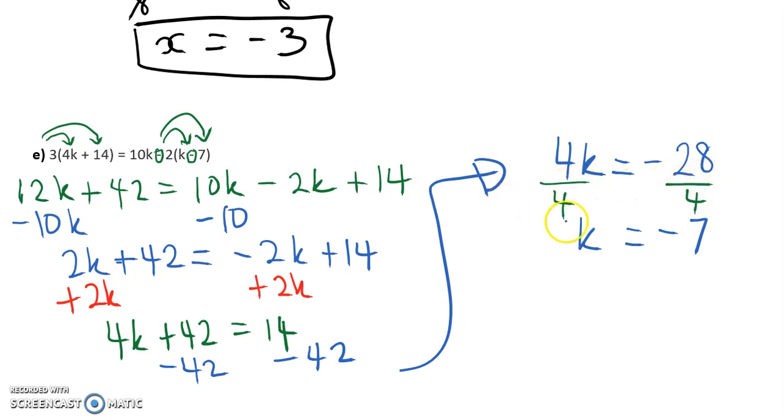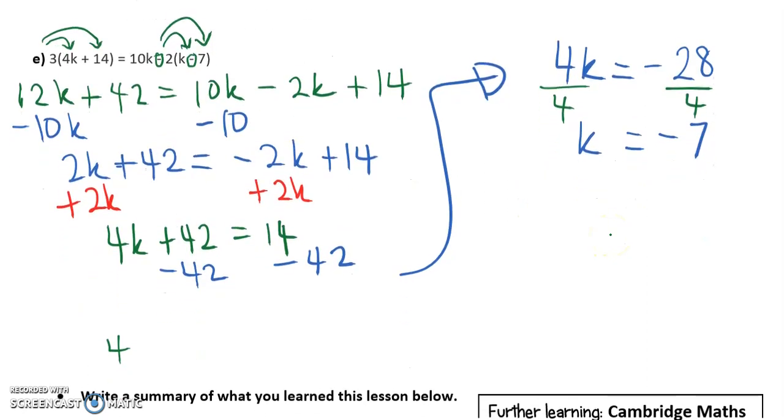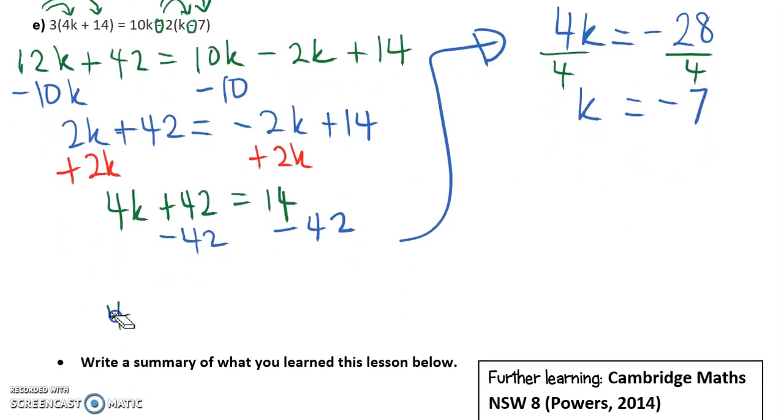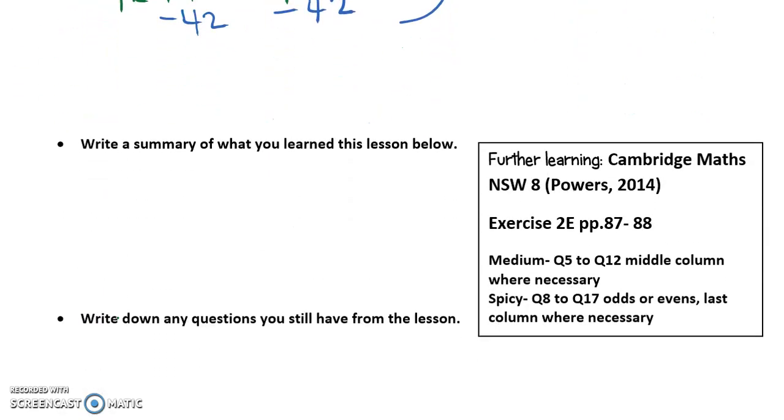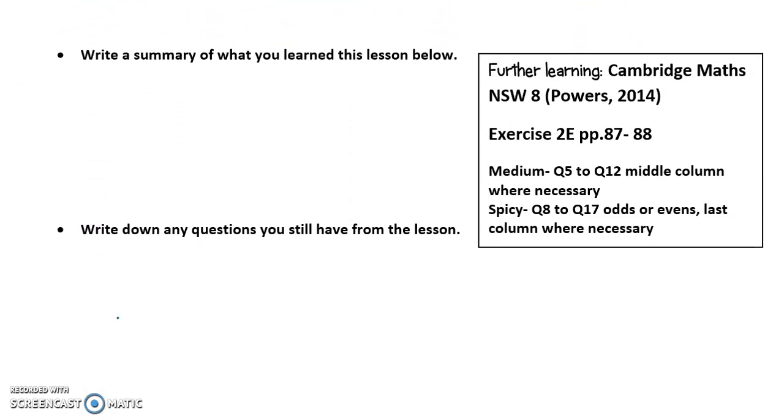Cool. So at this point in time, you want to make sure that you have a look at any of the examples again that perhaps you didn't understand. You can pause it, you can watch it through again, make sure you know how to do them yourself. Write down the solutions in your booklet or in your exercise book under the heading that was at the top of the screen, and write down your key summary points.